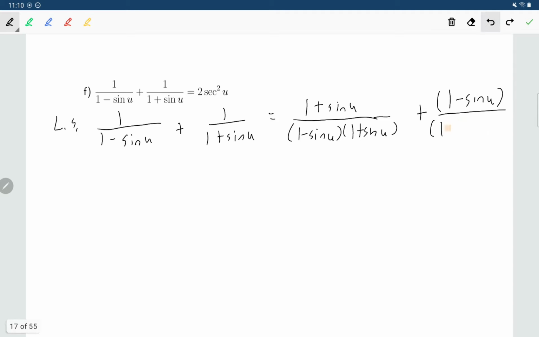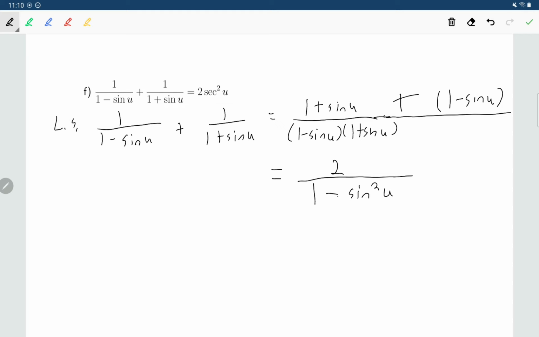And I don't think I have enough room to write that all, but of course that's fine because these would be two fractions with the same denominator, so I'd be able to combine them and make them into one big fraction. Now, a lot of things are going to clean up very nicely here. In the numerator, the sine u, the minus and the plus signs cancel each other out, leaving me with just 2 in the numerator. And in the denominator, I have 1 minus sine times 1 plus sine. That gives me that lovely difference of squares, 1 minus sine squared u.